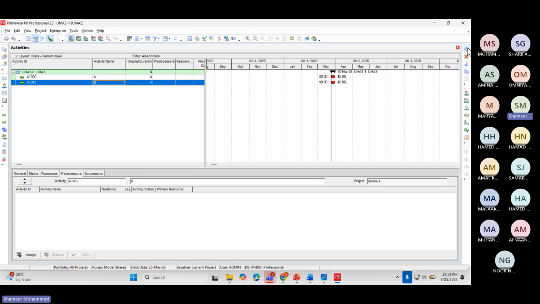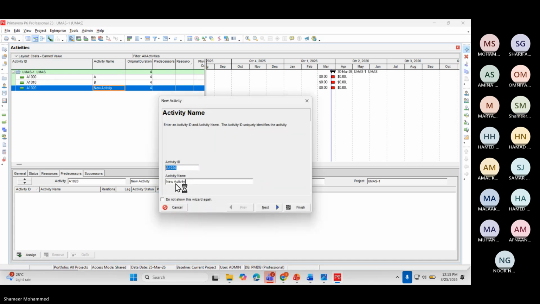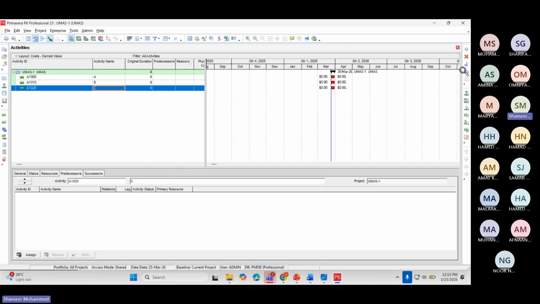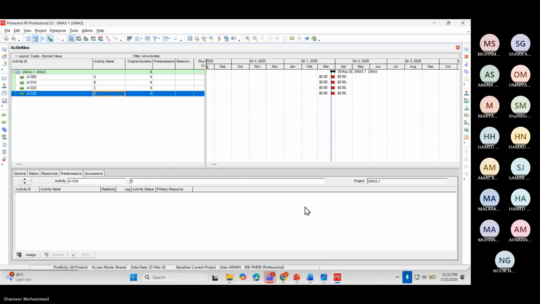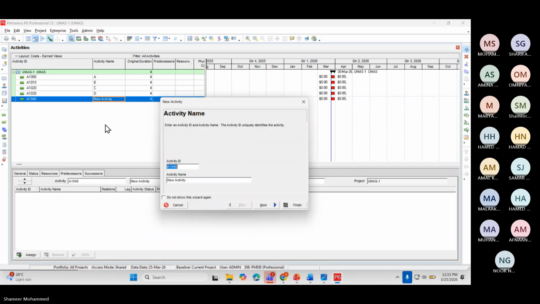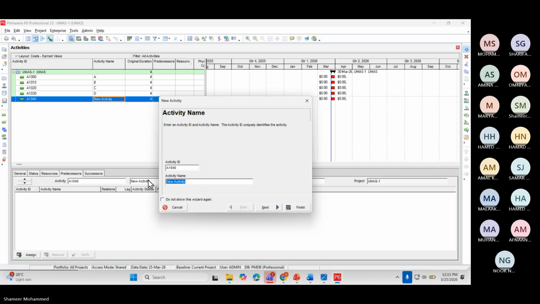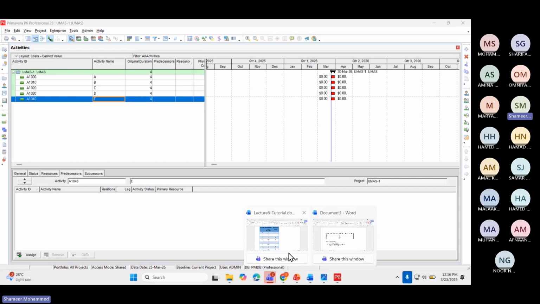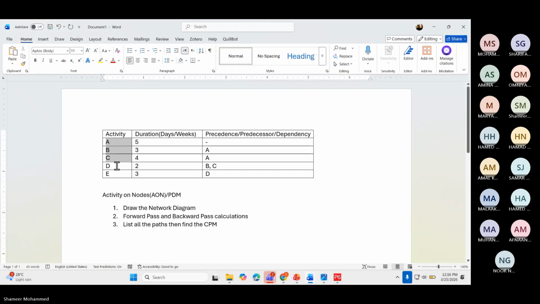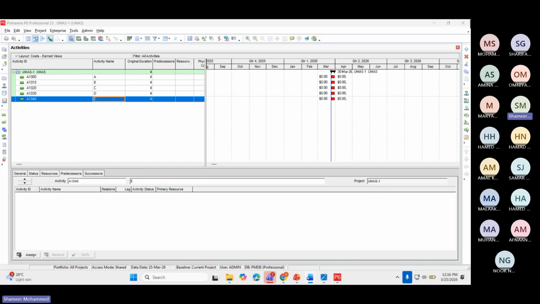Similarly, I will add one more, activity C. Right. Then another activity I will add, D. Right. Last one, E. Okay. So these are the activities I added now. A, B, C, D, E.